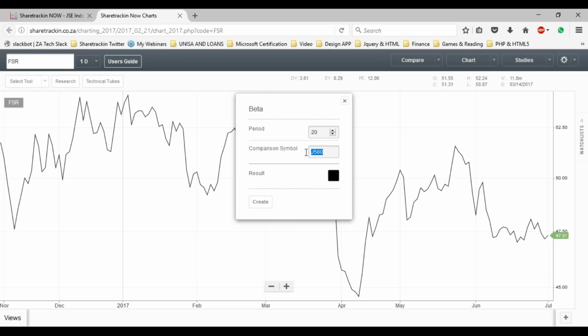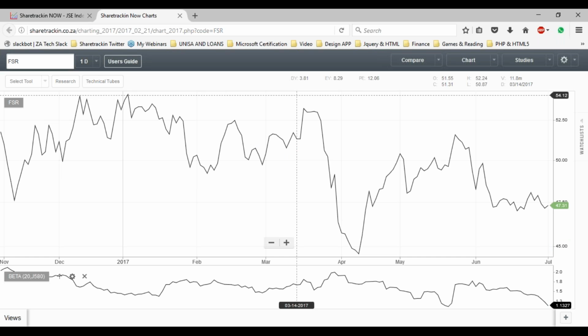I want to compare it to its specific sector group, and I simply click on create. This then gives me an indication that FirstRand currently has a beta value of 1.13. Now, anything more than 1 is seen as being volatile, and anything less than that is then regarded as less volatile.